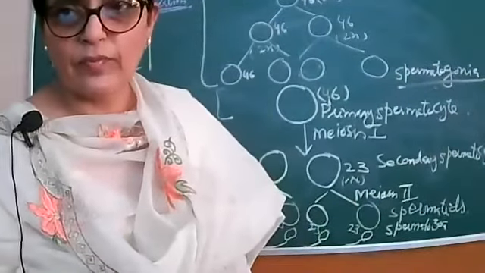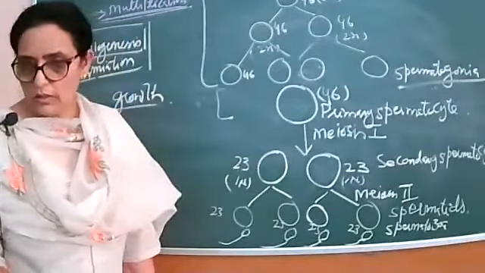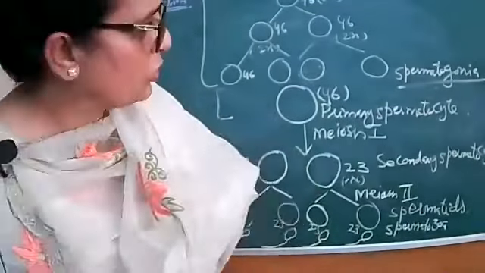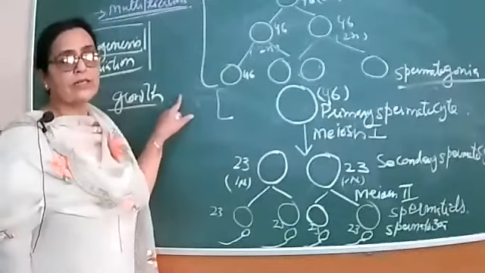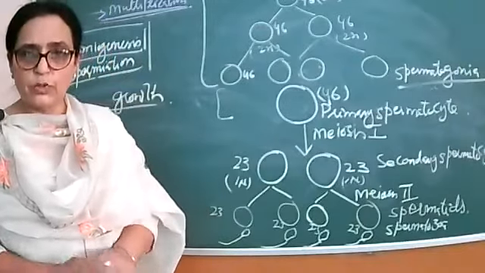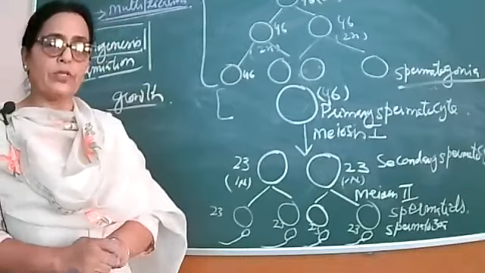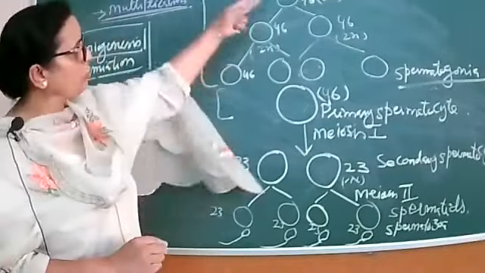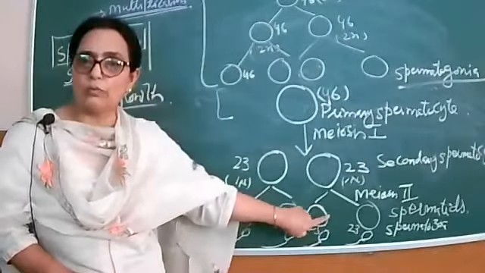So, any doubt? Yes, let me know. Ma'am, please tell spermiation again. Spermiation, beta? In the testes there are seminiferous tubules, lined by germinal epithelium, so all of this process takes place there. Sperms, spermatozoa are formed.